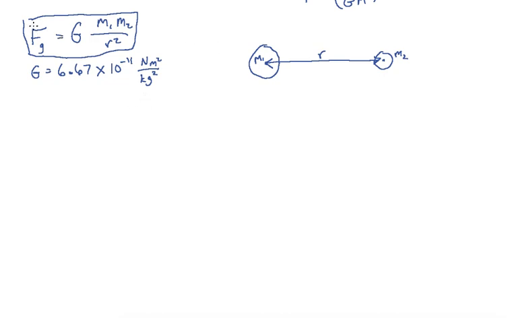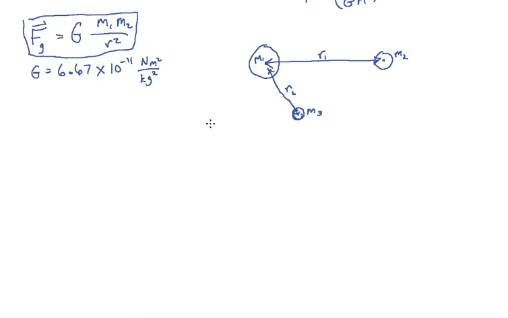This is most definitely a vector, so if we had something like this and we wanted to know the force on mass 1, we'd do this equation with that. And if there was another mass, say another mass over here, m3, and we wanted to know the total force, we could call this r2 and this one r1, you have to then do the force between m1 and m2, the force between m1 and m3, and then do the vector sum of the two.